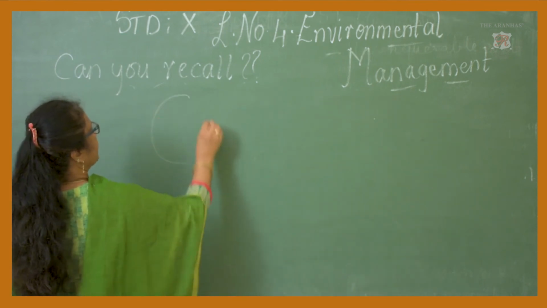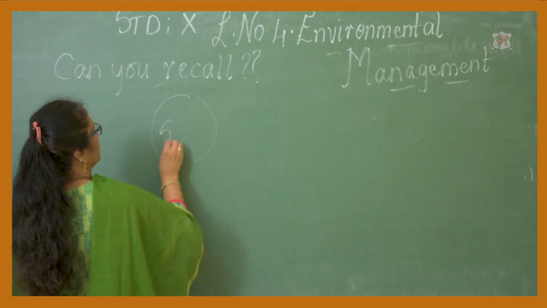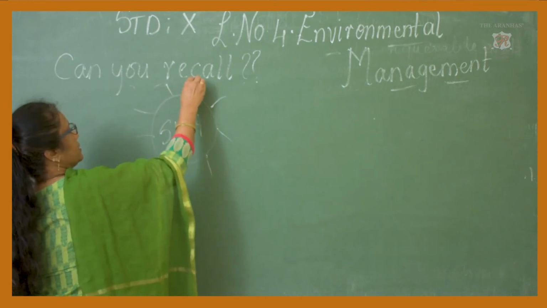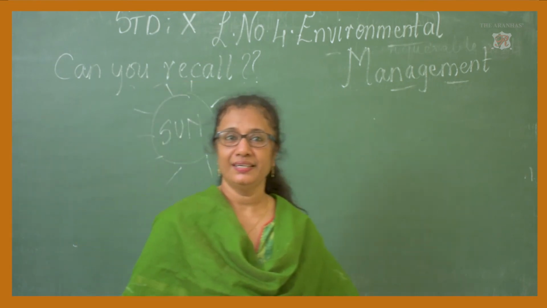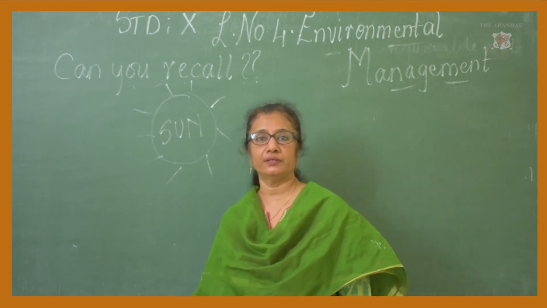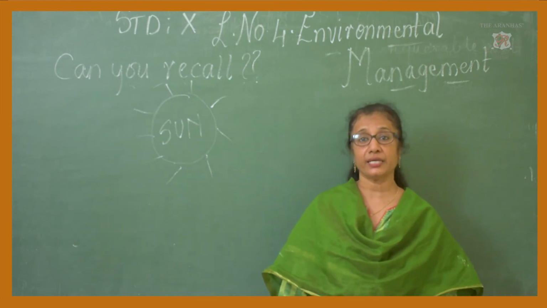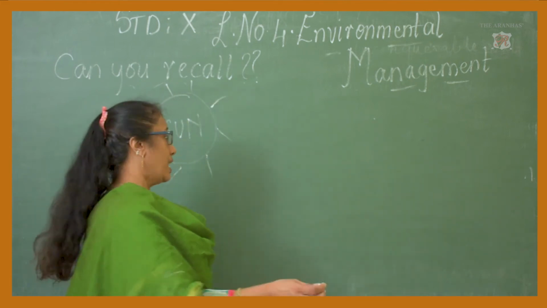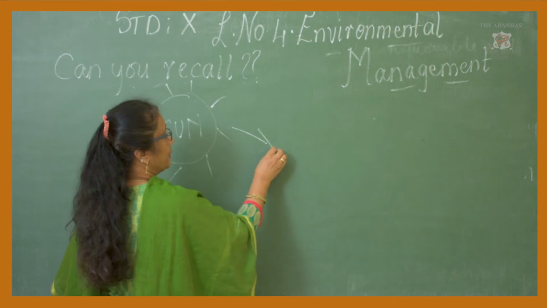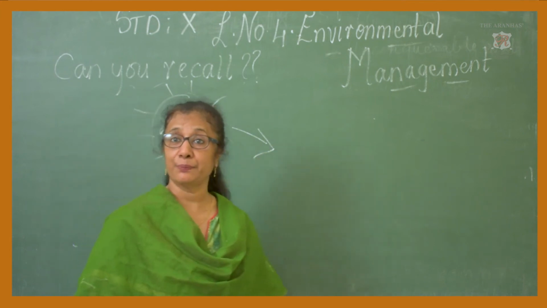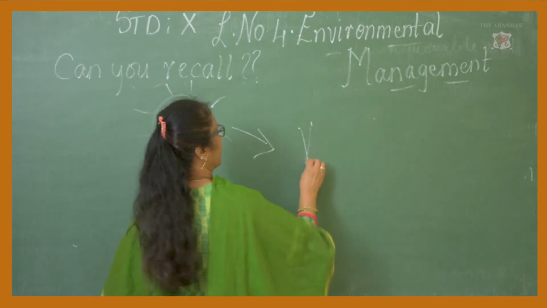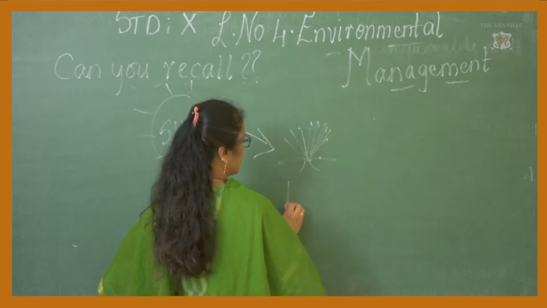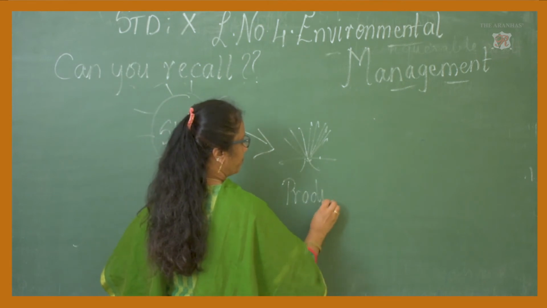Okay. The ultimate source of energy on the earth is what, children? The ultimate source of energy on the earth is the sun. Now you have also learned that the plants, the producers that we are calling, yes, the grass and all those things, this is the producer.